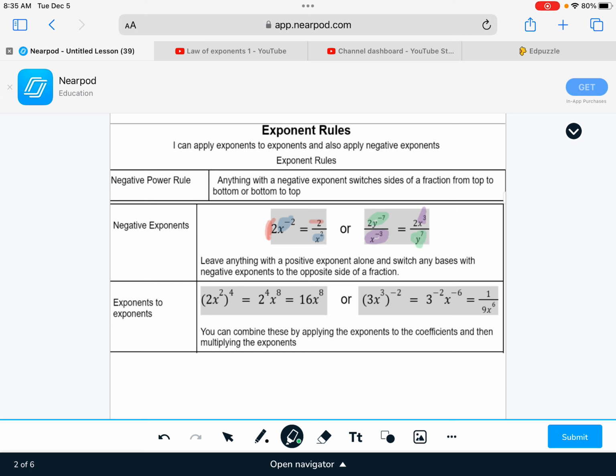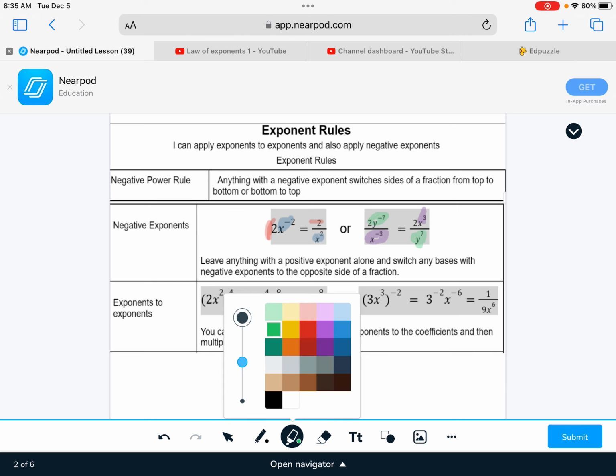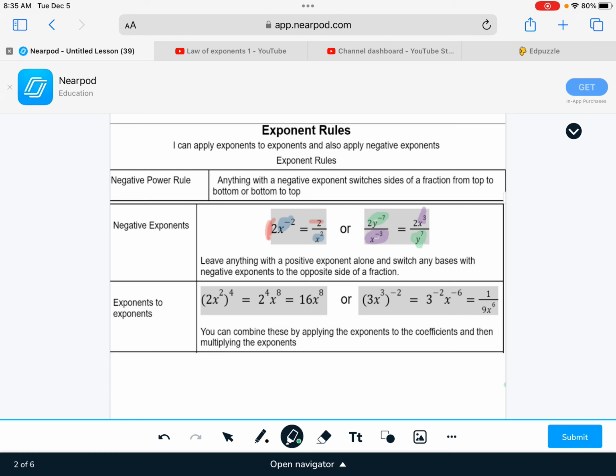When you have exponents to exponents, you're going to multiply the numbers that are exponents. And you're going to apply that exponent to anything else that is in parentheses, like on this first example. Right now it's being raised to the 4th. That 4 gets multiplied by this 2 right here. That's where this 8 comes from.